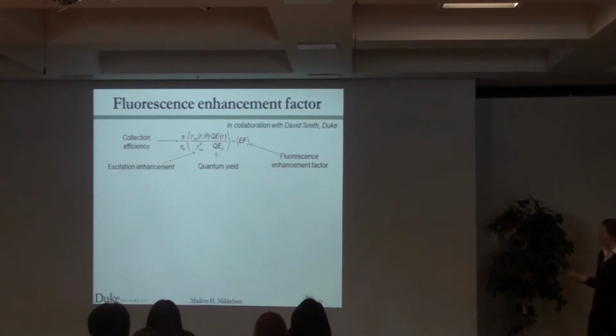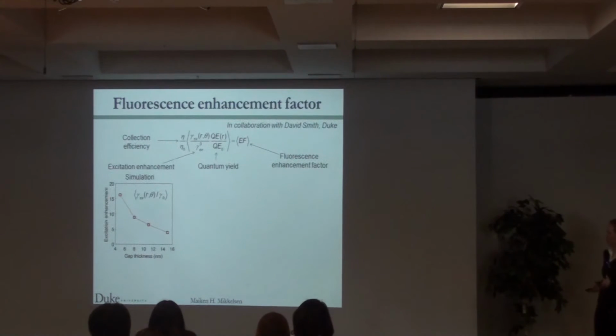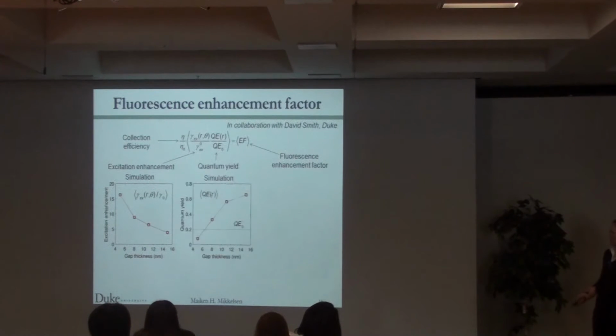So here we're looking at the overall fluorescence enhancement factor, which has the 3 contributions that I mentioned before. One is the modification in the collection efficiency due to the modification in the radiation pattern of our emitters. This we can measure, and I showed you those measurements earlier. Then we have excitation enhancement, so how we more efficiently absorb the incoming light, and we can also find this from simulation as a function of gap size.